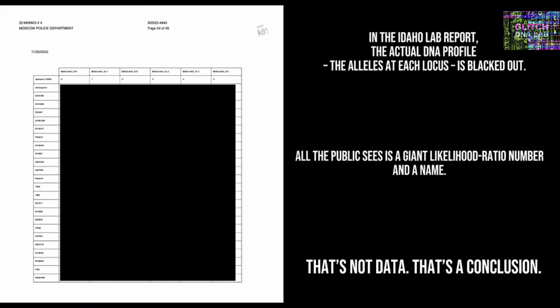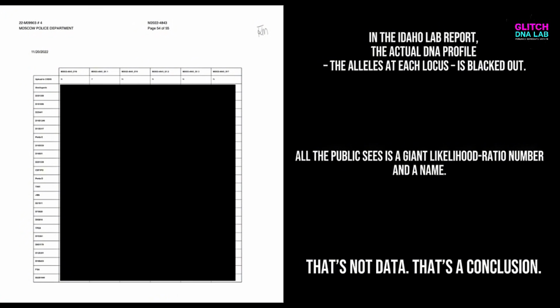So when you hear the sheath DNA matches Bryan Kohberger, that should mean here are the alleles, here are the peaks, here are the thresholds, here is the comparison. Instead, in the Idaho materials, the actual STR tables and electropherograms are blacked out.